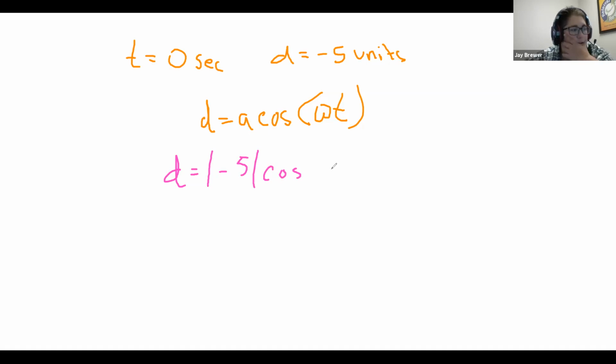But now we have to figure out our period. So what are we going to do there? So 2 pi over omega. What do we know about the period? What did it tell you about the oscillation?